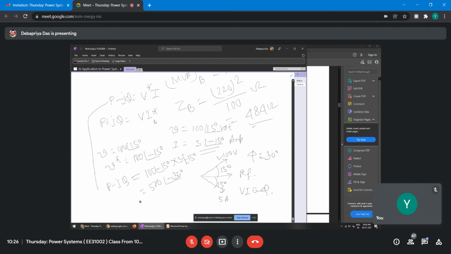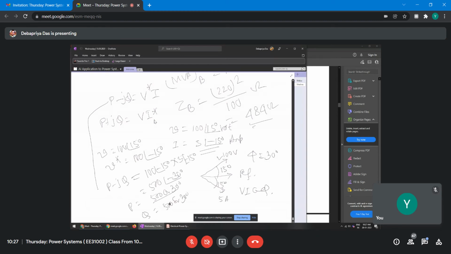Therefore, if you separate the real and imaginary parts, P is 500 cos 30 degree, that is VI cos phi, 100 into 5 cos 30, and Q is 500 sine 30 degree, because it is 500 angle minus 30, that is 500 cos 30 minus j 500 sine 30. So separate the real and imaginary parts.